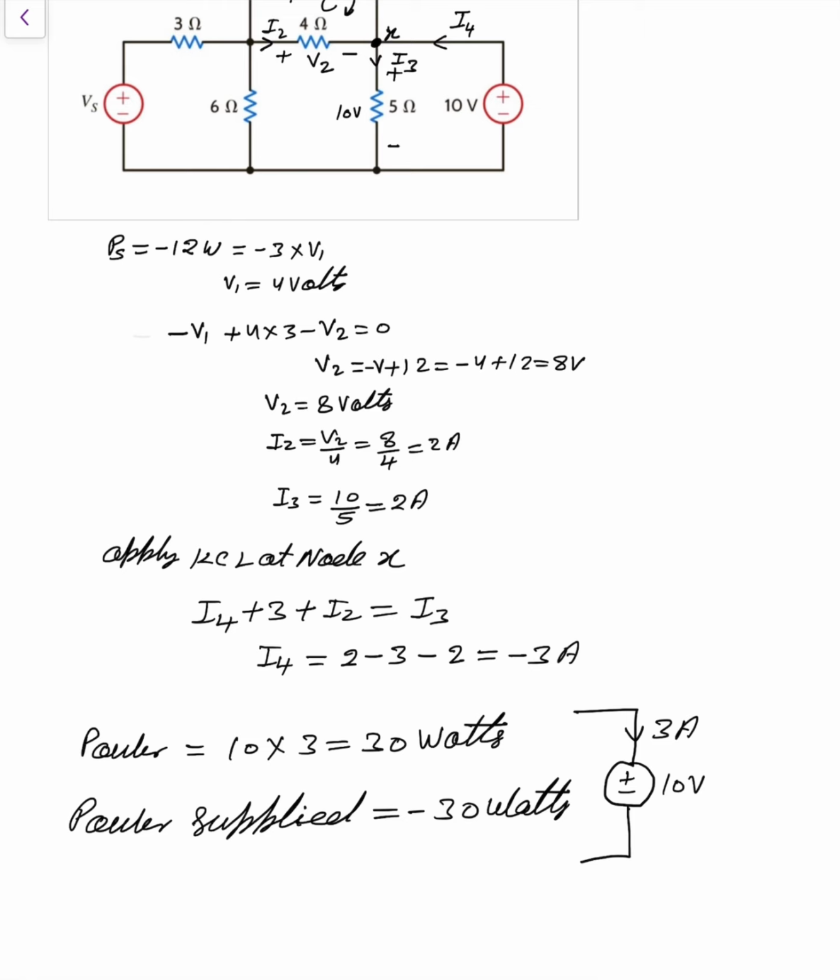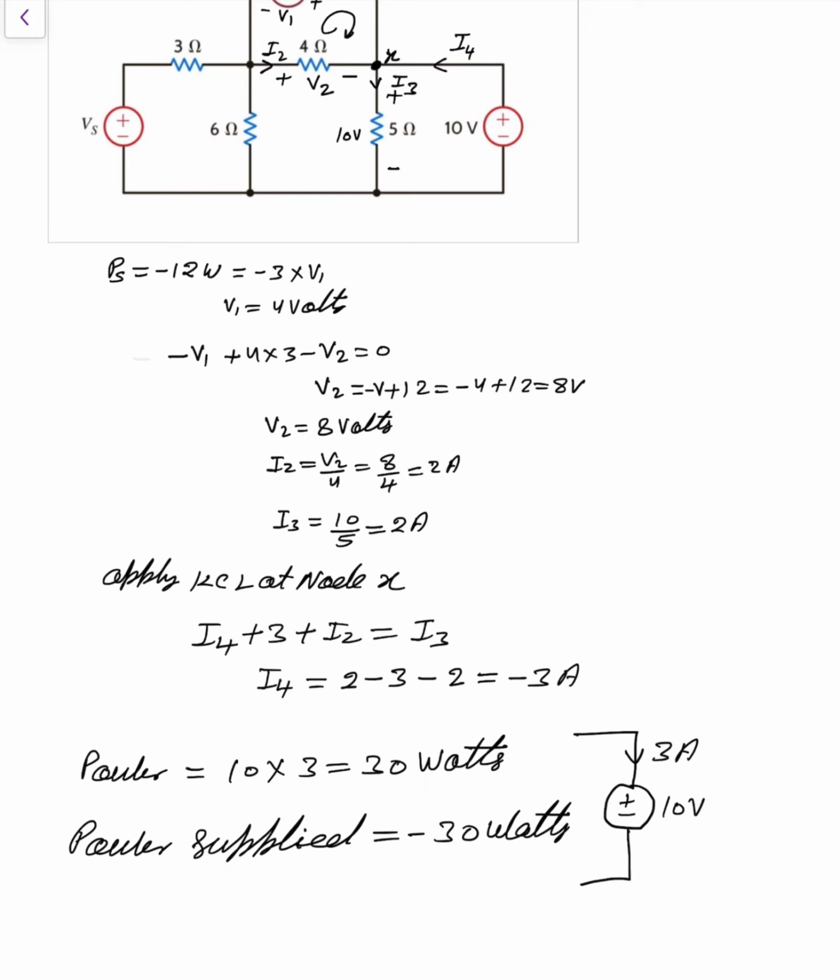That's why the sign changes. Otherwise, basically this is power absorbed by the 10 volt source, because current goes from the positive to the negative terminal.